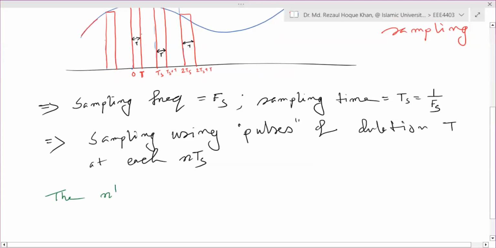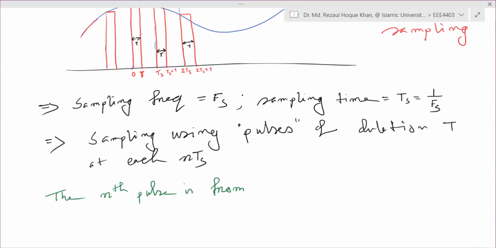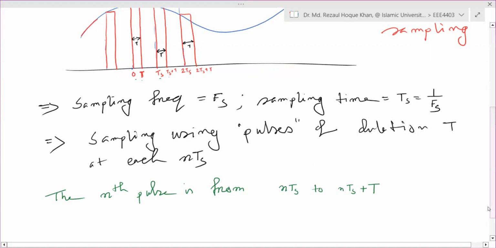For this case, the nth pulse goes from n TS to n TS plus t, because each pulse has duration t.